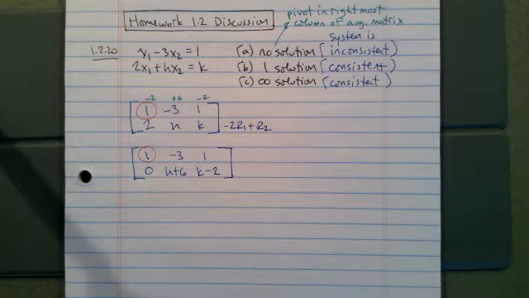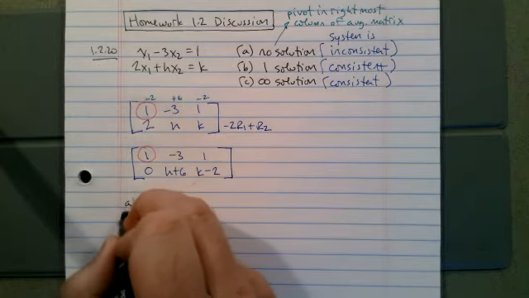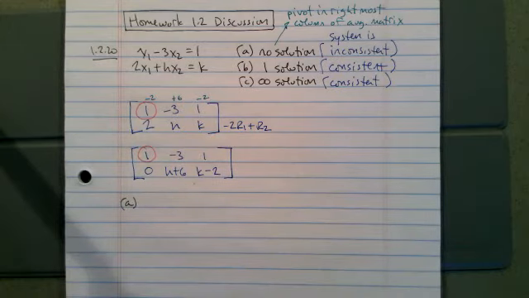So in part A, we want to have the augmented matrix of an inconsistent system. That means there's a pivot in the rightmost column. So in part A, there's going to be a pivot in the rightmost column.